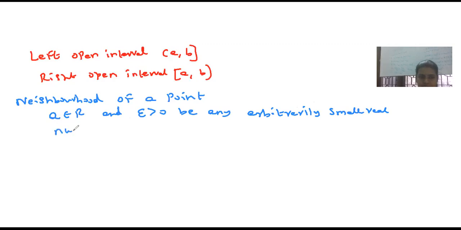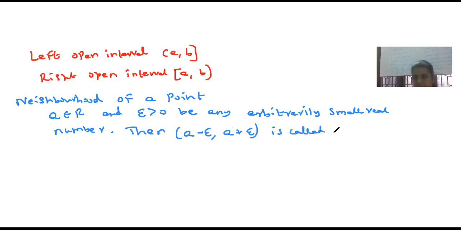We assume that this is arbitrarily small real number. Then என்ன understand பண்றீங்க அப்படின்னா, neighborhood, that means A minus epsilon comma A plus epsilon is called an epsilon neighborhood. Okay ma?